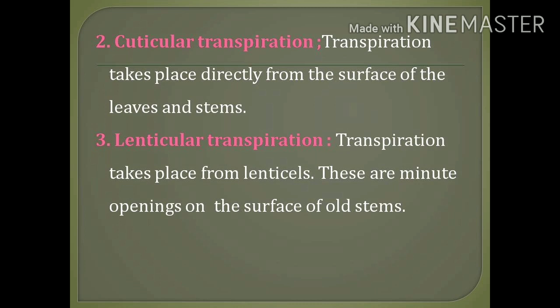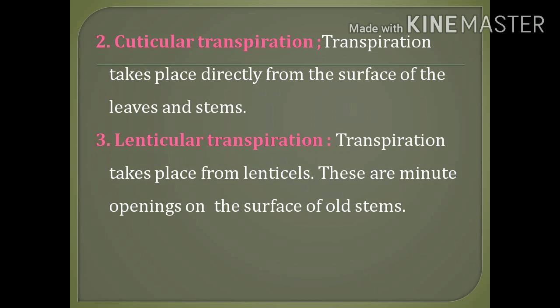Next, lenticular transpiration. Lenticels are special openings present on the bark of the stem, especially in the old stems. This allows diffusion of gases for respiration as well as for photosynthesis. Lenticels never close. They remain open all the time.